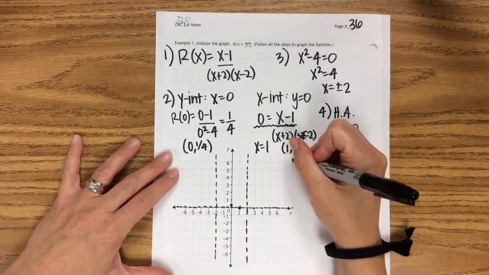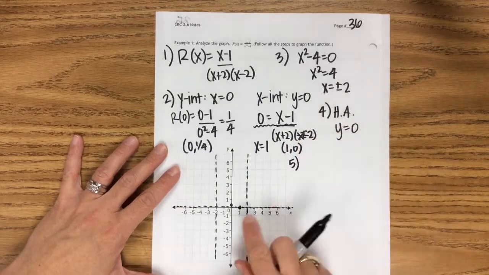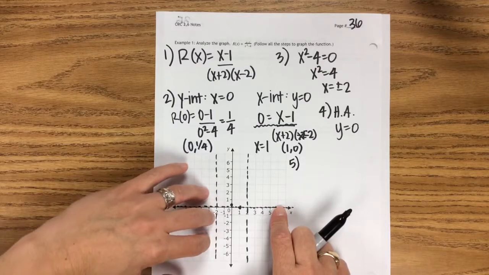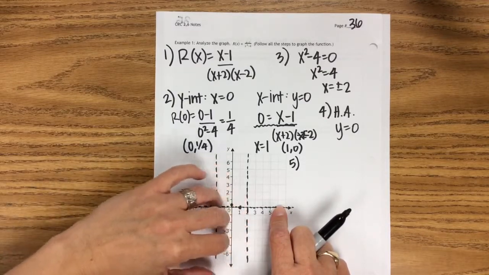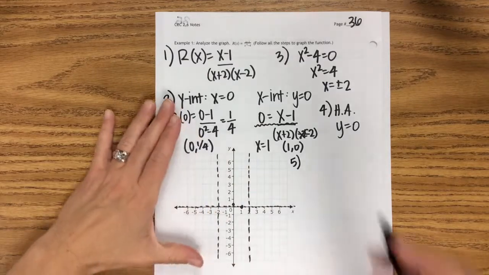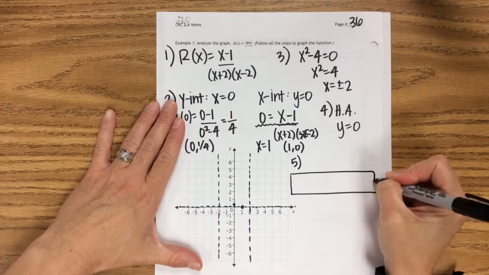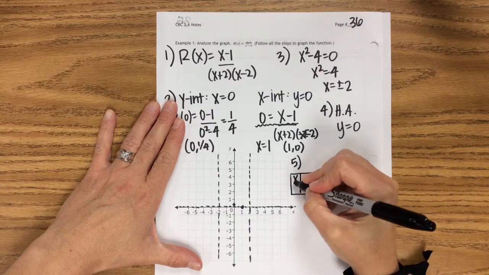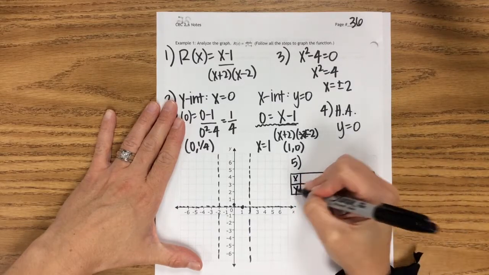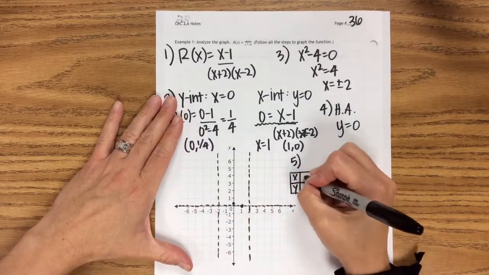Step 5 is plot additional points. What I need for my additional points is a point in each zone. So I need a point over here, a point in here, and a point over here. I'm going to do my table because I like having a sideways t-table. I'm going to need one in this zone, like a negative 3.